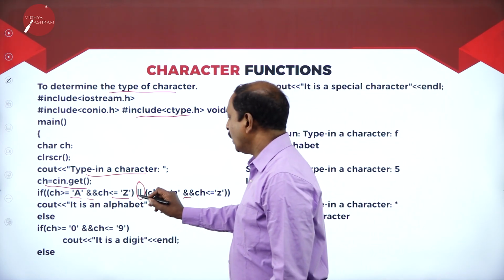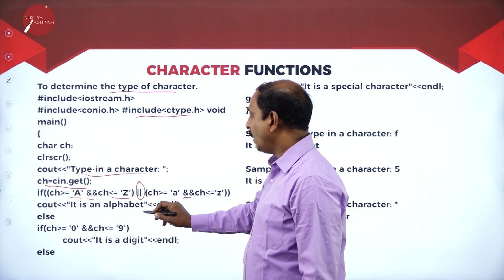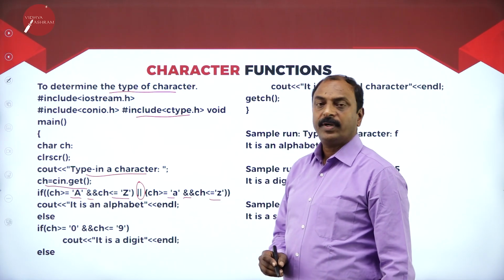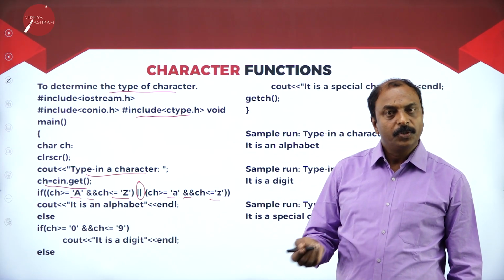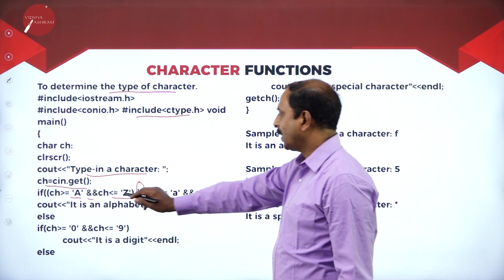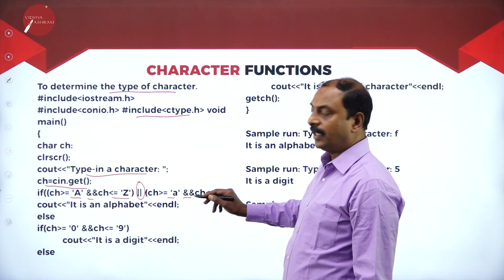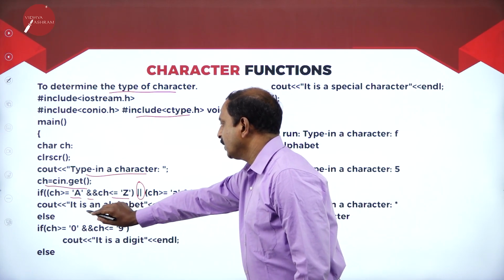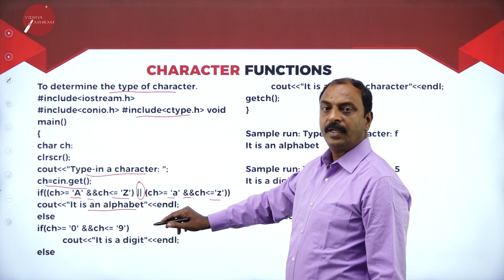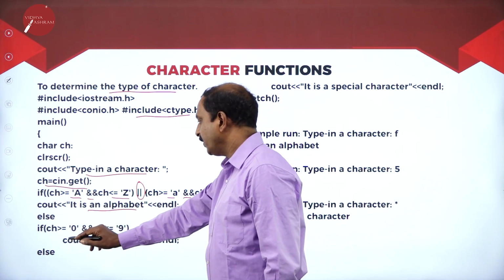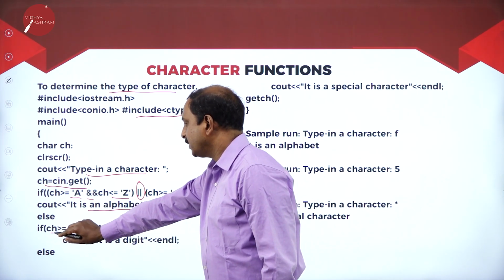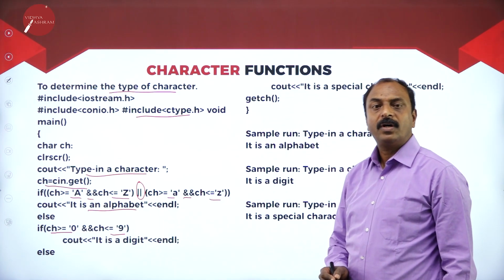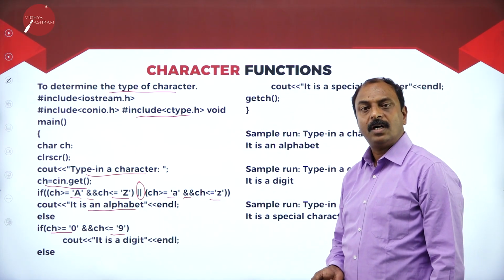Then, with the logical OR operator, we check for lowercase a to z. So whether what we input through the input device is in uppercase or lowercase, it is an alphabet. If any of the conditions is true, we print the result that it is an alphabet. The next condition is else if the character is greater than or equal to '0' and less than or equal to '9'. Here we check whether the input character is a digit or not.